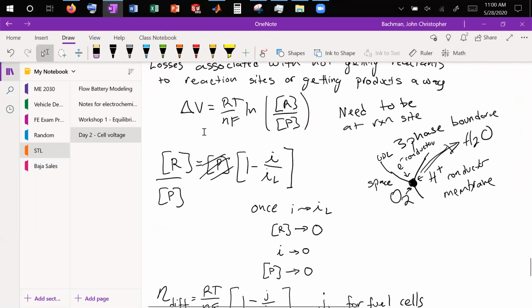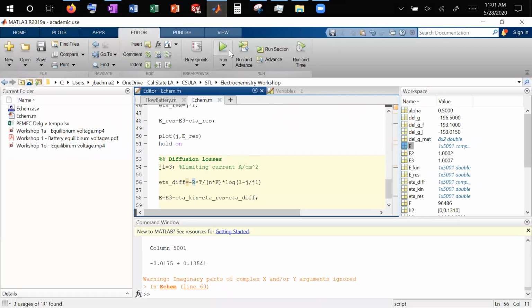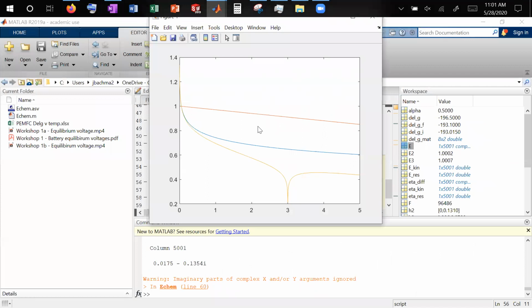Because of that, there should be a minus sign on this one. That's again just kind of a bookkeeping thing, but you want to make sure you get it right. There we go.